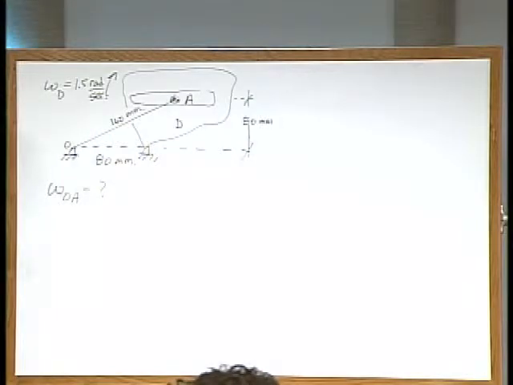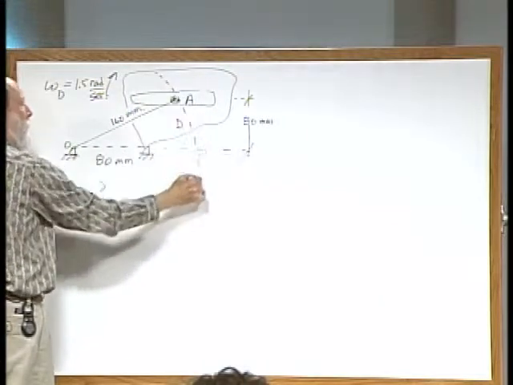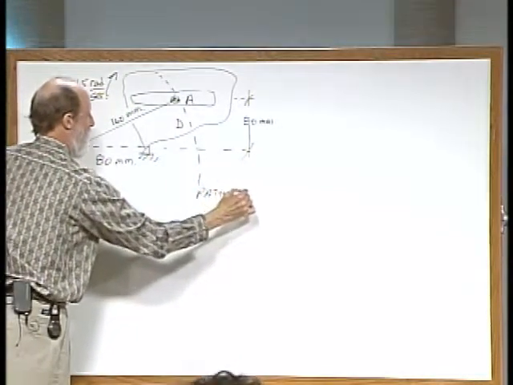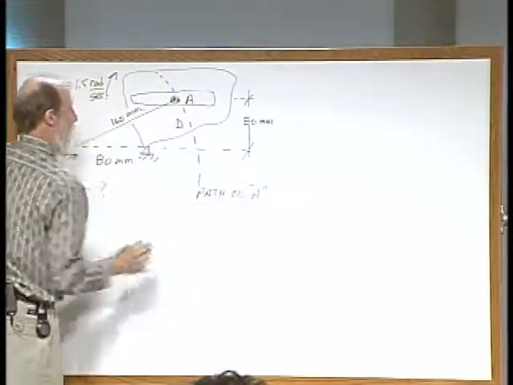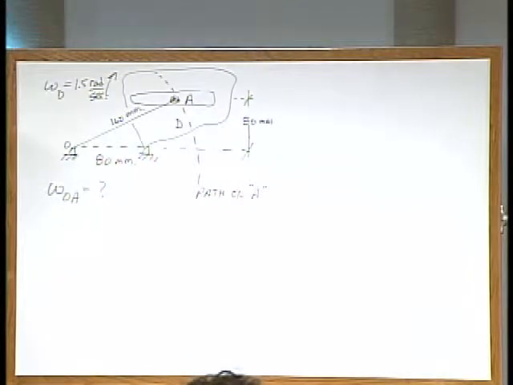What kind of path does pin A have? Everybody see it? Path of A is a circular arc about O. You should see that.